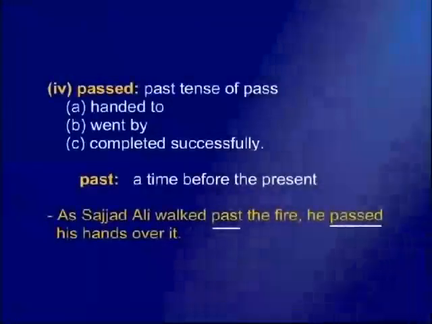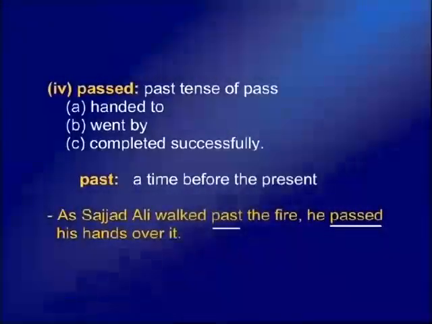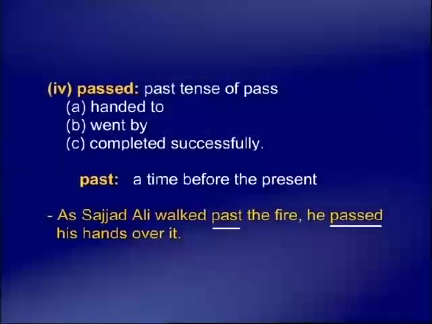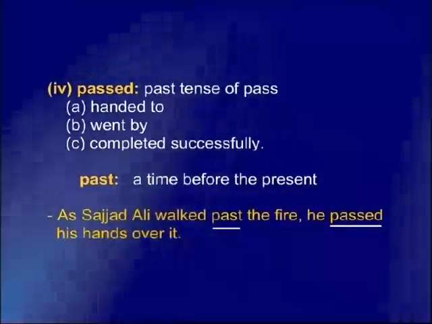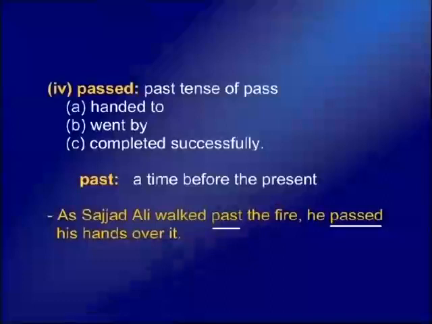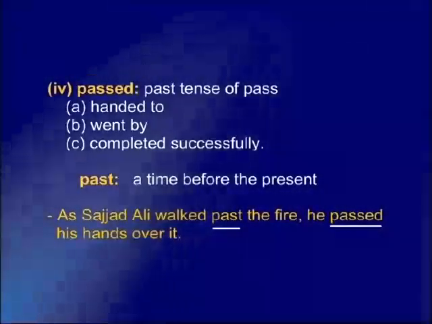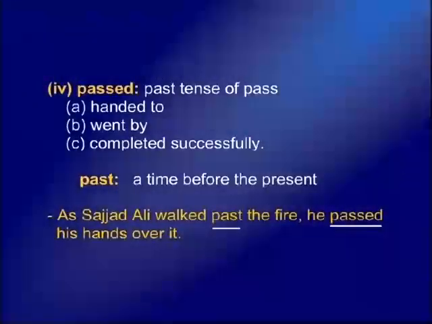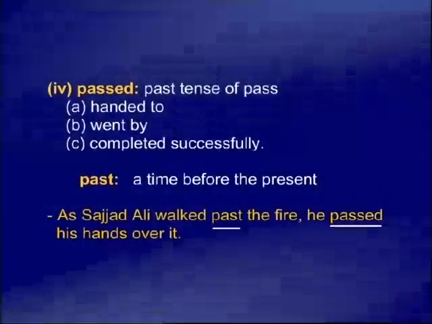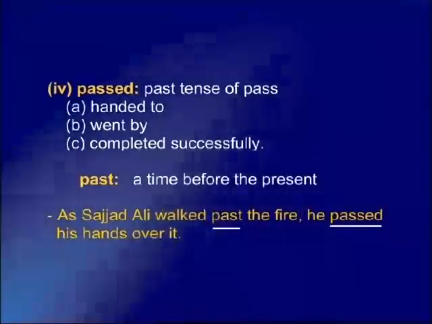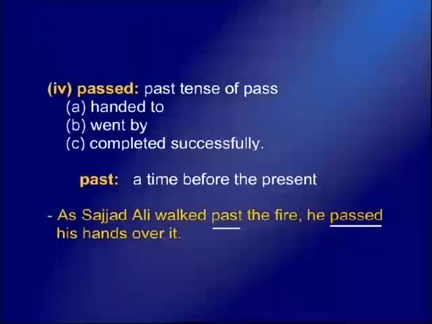Now, the fourth set of words that are confused are the words passed, P-A-S-S-E-D, and the word past. Students don't know when to use which one. Now the word passed, P-A-S-S-E-D, is the past tense of pass. It means handed to.